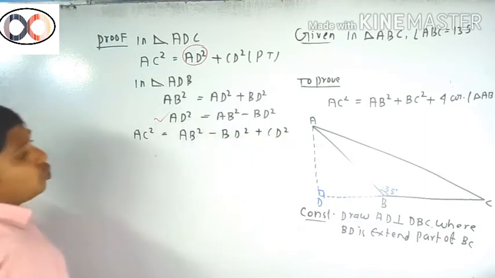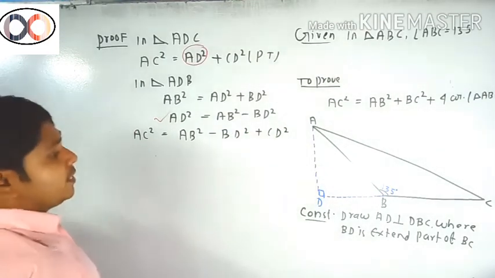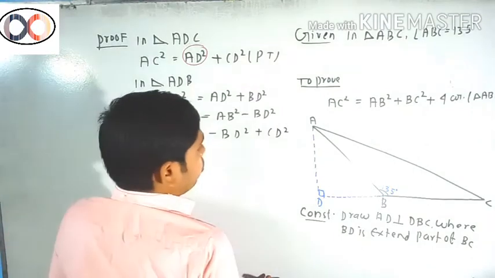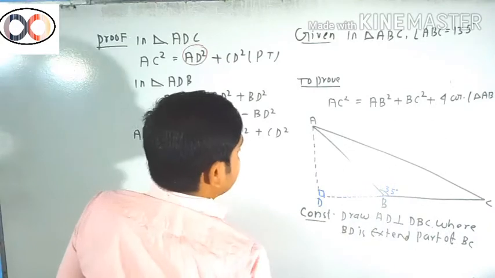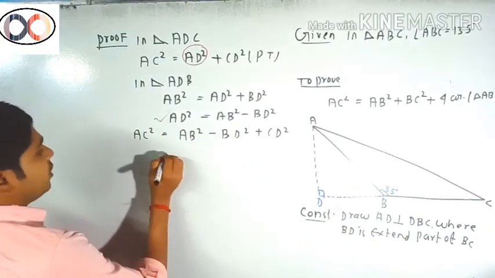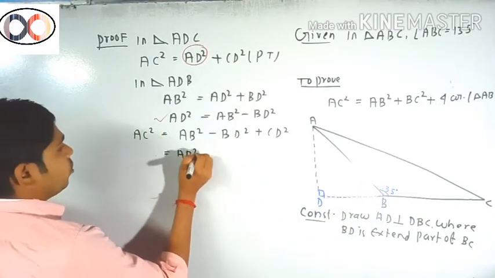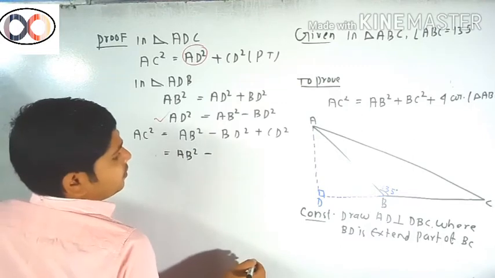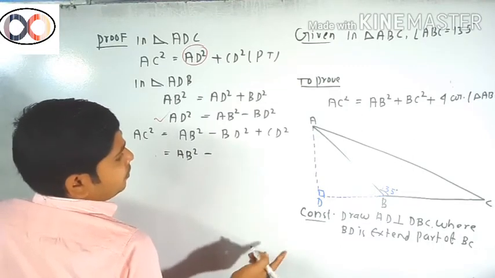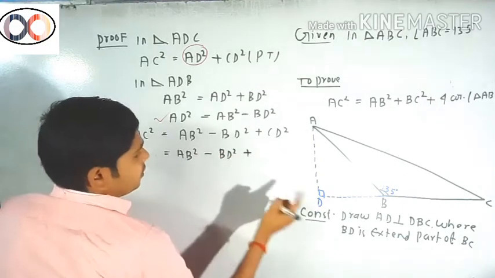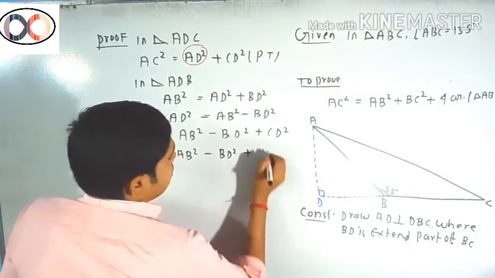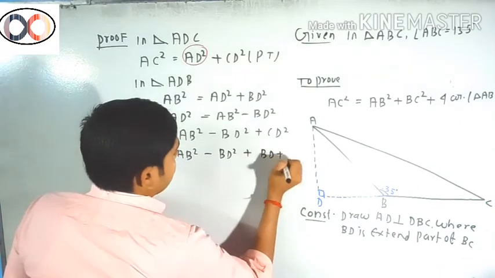We can write CD as BD plus BC. So we can write AB square minus BD square plus the whole square of BD plus BC. We need BC, that's why.